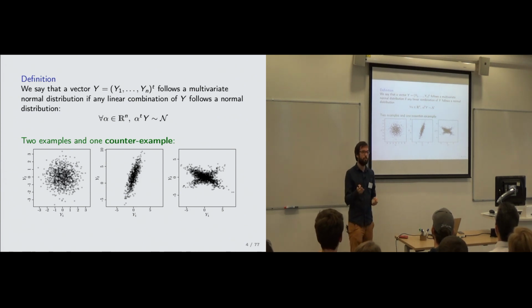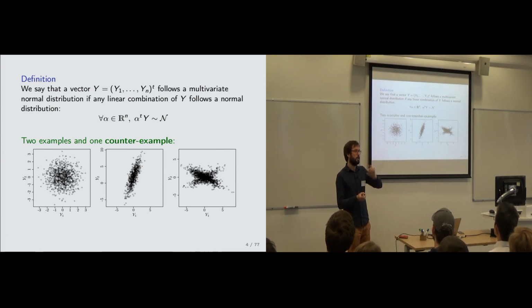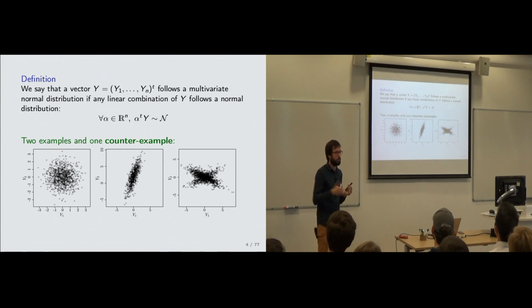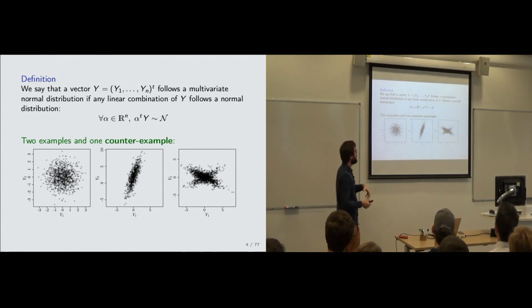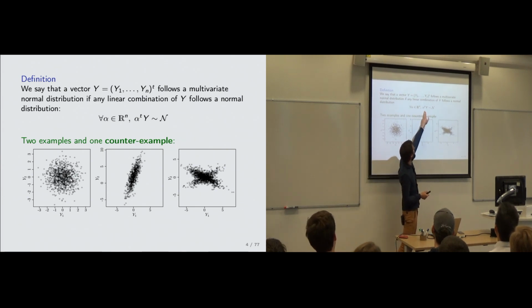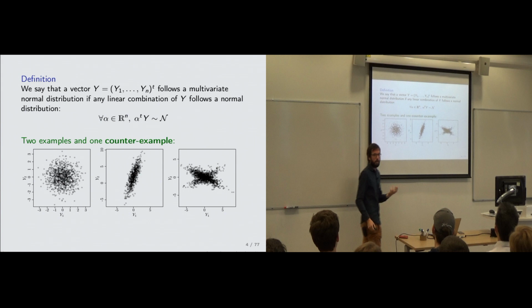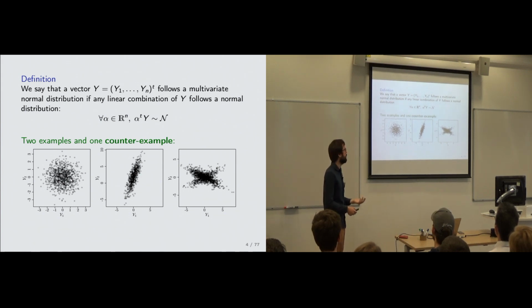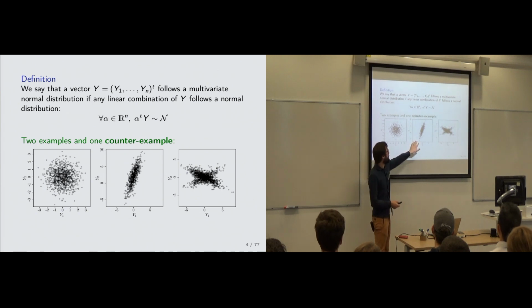So now each draw is not just a scalar value, but a vector with values in it. So you throw a dice and you end up with several values. And we say that this random variable is Gaussian if any linear combination of the components of your vector is Gaussian distributed. That's the definition.